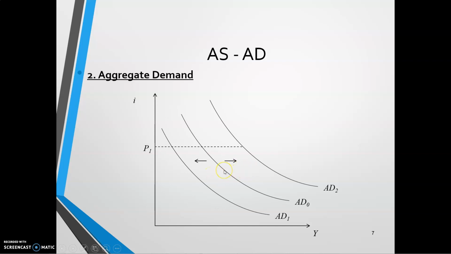Increase in aggregate demand, shift to the right. Decrease in aggregate demand, shift to the left. Expansionary policy: increase in money supply, increase in expenditure, cut in taxes. Contractionary policy: increase in taxes, decrease in expenditure.